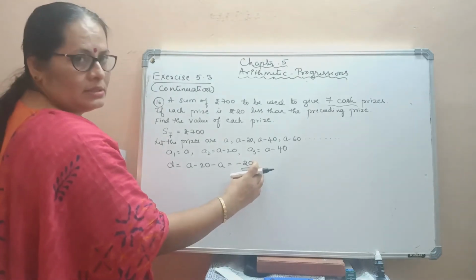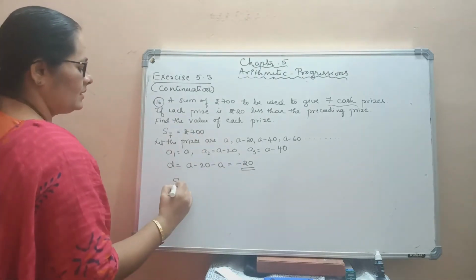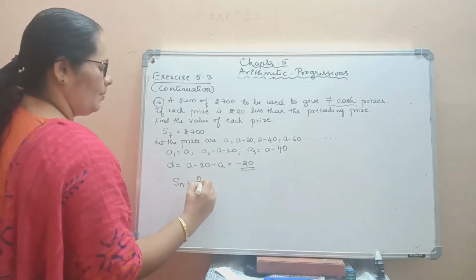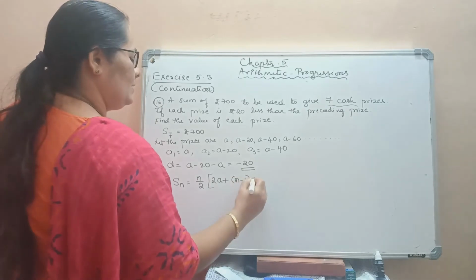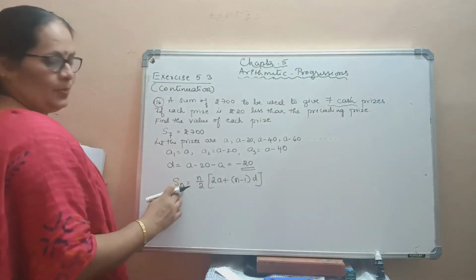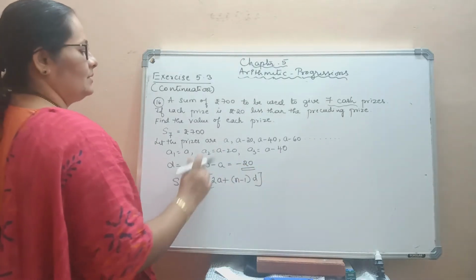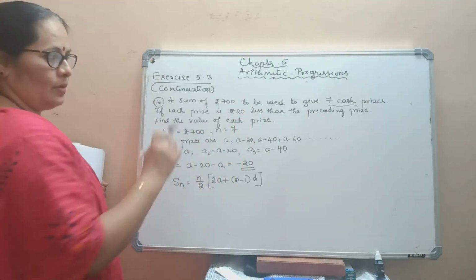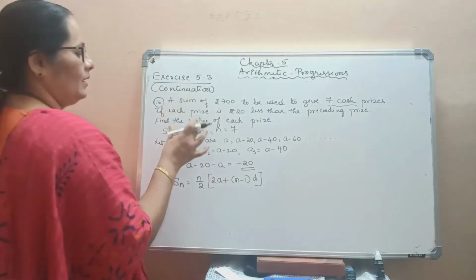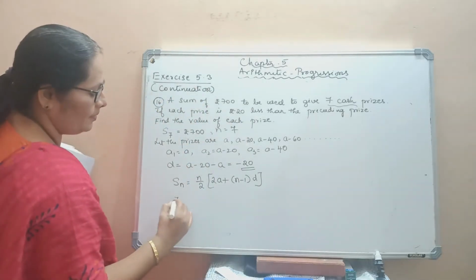That is minus 20. Now Sn equals n by 2 into 2A plus n minus 1 into d. How many cash prizes here? 7 prizes, so n equals 7. The number of cash prizes is 7. The amount is 700 rupees.